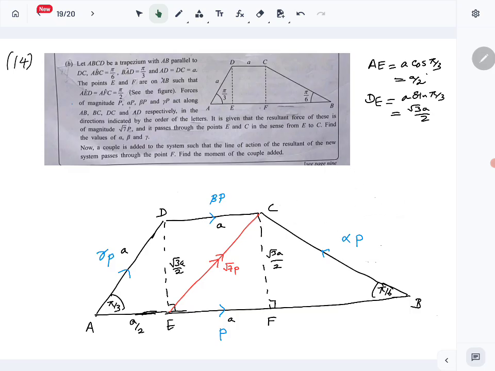If you look at this diagram, we can find gamma P if we take moments about C. If you take moments about C, alpha P and beta P go through point C, so we don't need to consider those two. Then the only unknown is gamma P. So we'll take moments about C and find gamma.